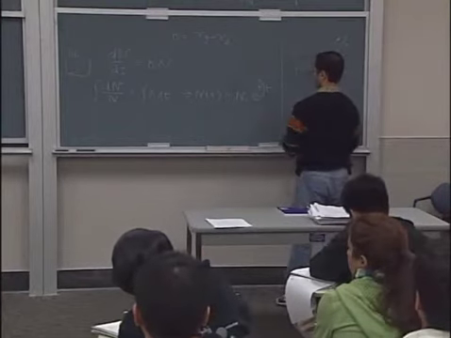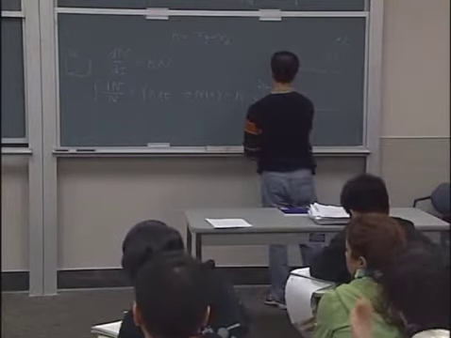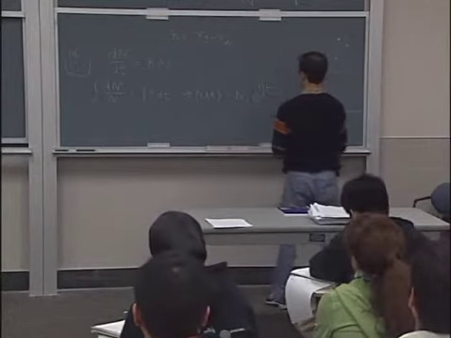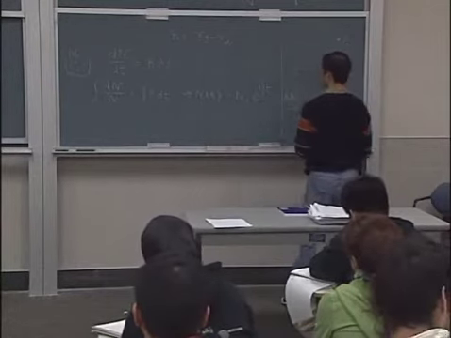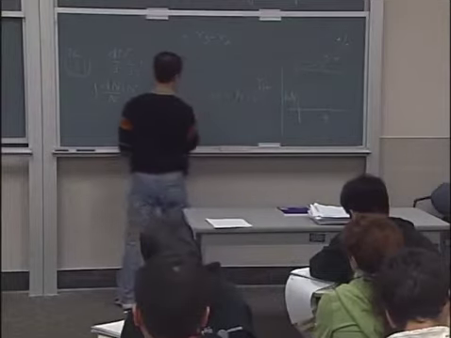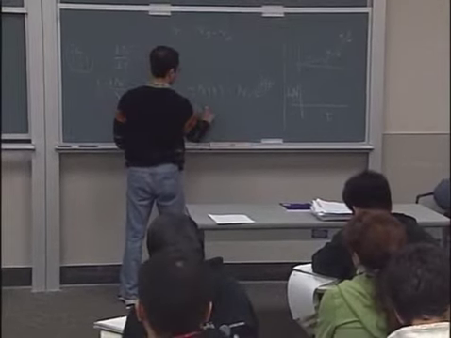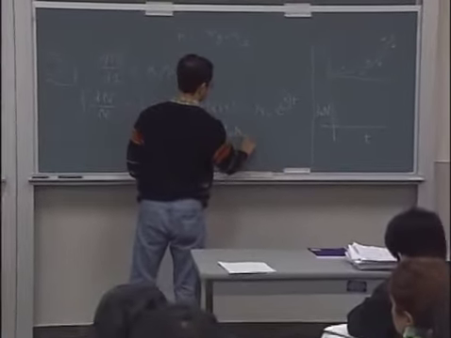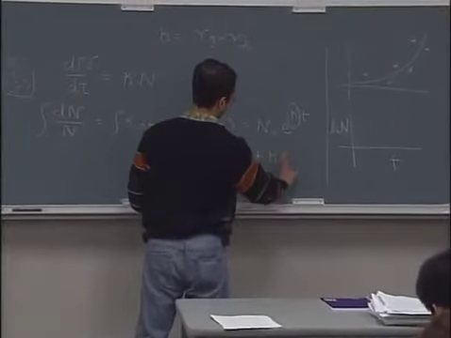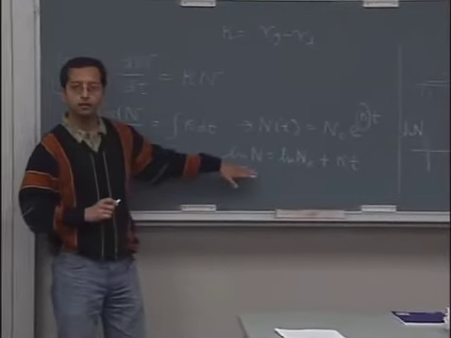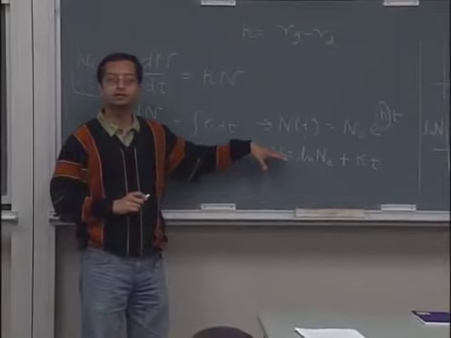So if you plot on log scale, if you plot log of n and time, so in this equation, if I take log of n, it is log of n0 plus at. Do you follow this equation?